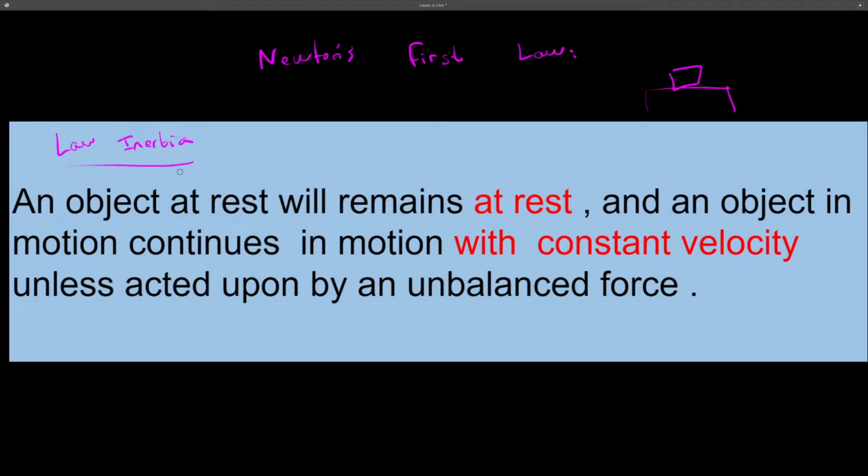Because inertia wants to keep an object at rest. So unless an unbalanced force is acting on this object, the law of inertia will keep it at rest. For example, if I push this object with my hand, then it is going to move. Otherwise, unless there's an unbalanced force acting on it, it'll continue to stay in the same place.